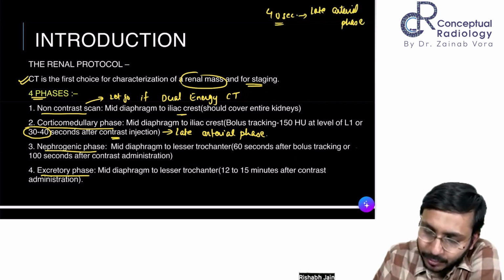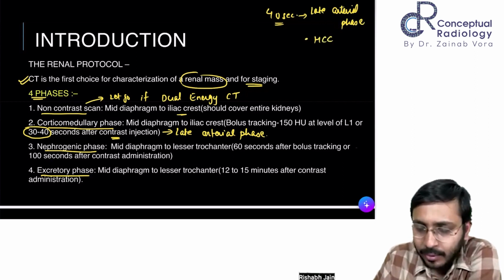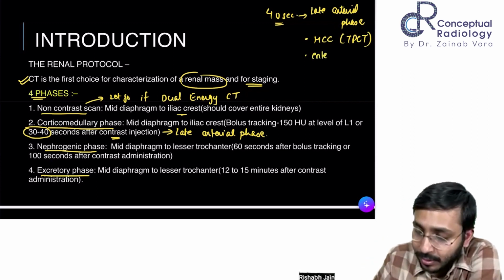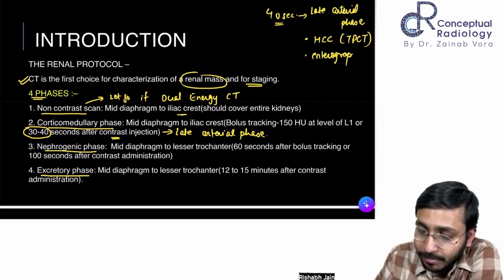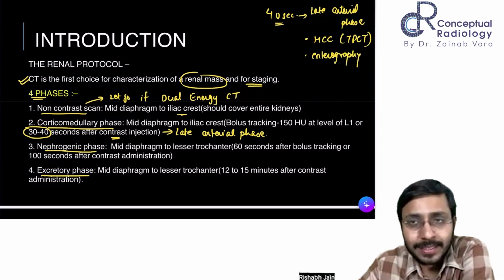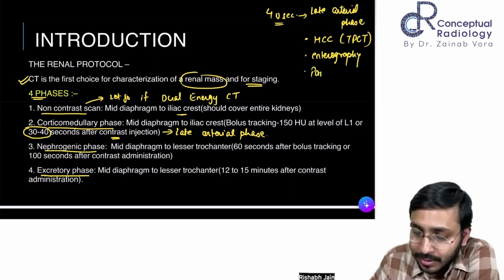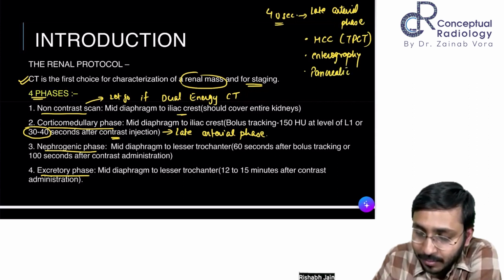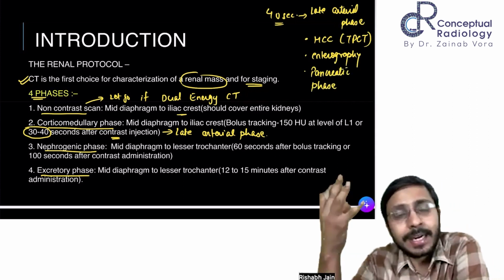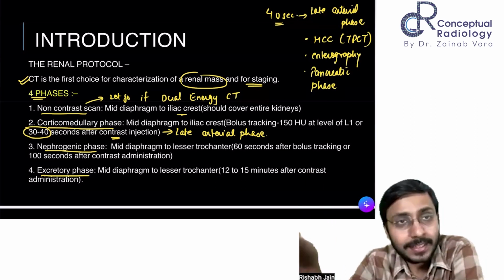Now this is useful in HCC when you are doing a triphasic CT. This 40 seconds is also the timeline when your enterography is acquired. So your bowel enhances maximum at 40 seconds. This is also a phase in which your pancreas maximally enhances, so the pancreatic phase is also taken at around 40 seconds.